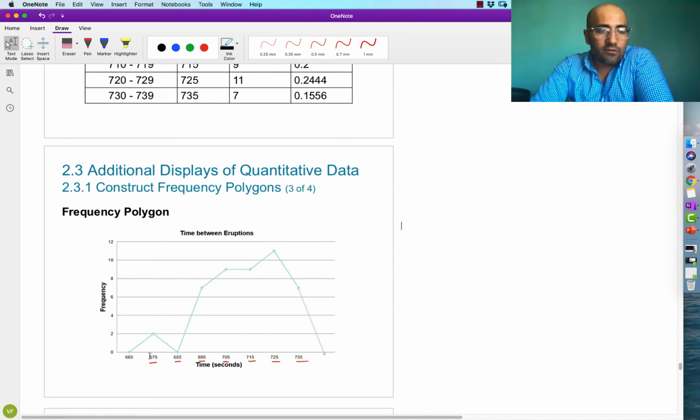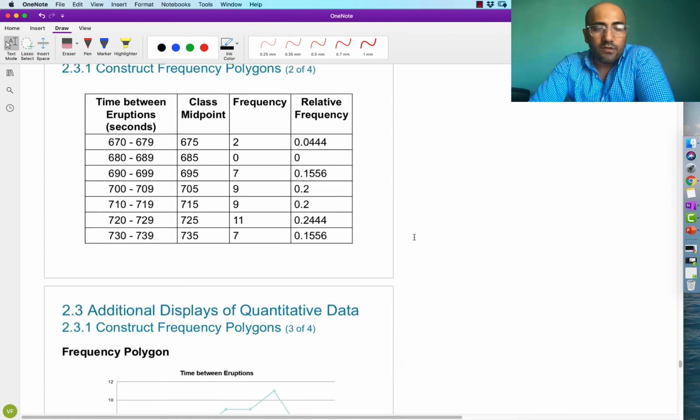And then the final 2 line segments are connected to the x-axis by following the pattern already established with the class midpoints. Looking at the class midpoints, you can easily guess what the next one's going to be: 675, 685, 695, 705, 715.